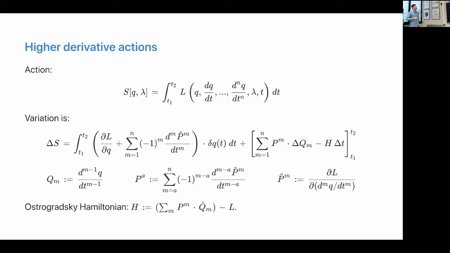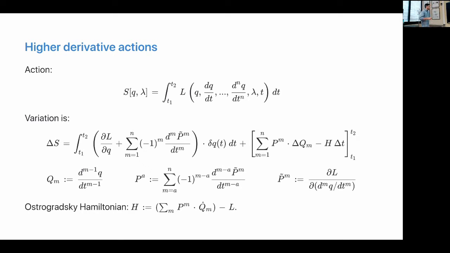And so these Q_m are defined in terms of the time derivatives of Q, and so they're treated effectively as additional degrees of freedom in your system. These conjugate momenta, which you identify as the quantities that appear in front of these delta Qs, are defined in terms of this derivative of the Lagrangian. This is a shorthand for the derivative of the Lagrangian with respect to these arguments where you insert the higher derivatives.